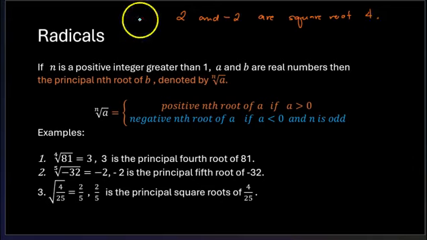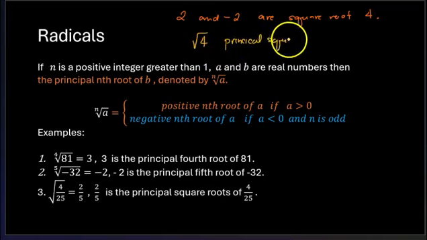But when we talk about the principal square root, which is this notation, when you have this notation, it only asks for the principal square root. And for the principal square root, you only consider the positive root. So it's not 2 and negative 2.